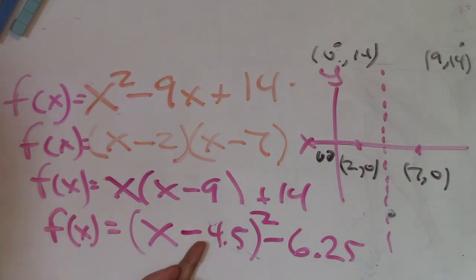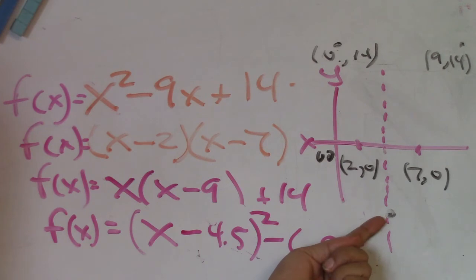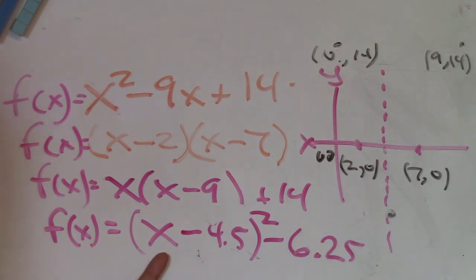Further, let's just think about this for a minute. When I want to put my points in and figure out that point right there, doesn't that mean that I have to have positive 4.5 minus 4.5 gives me 0, which will give me, when x is positive 4.5, y is negative 6.25?